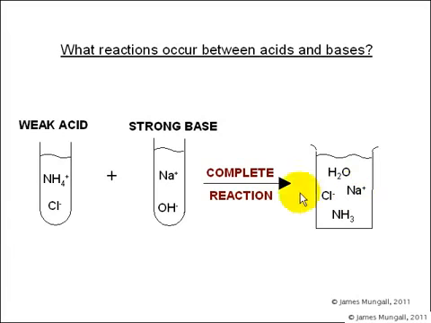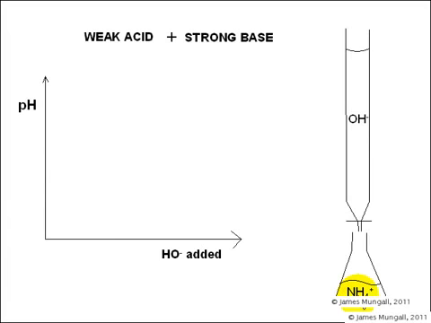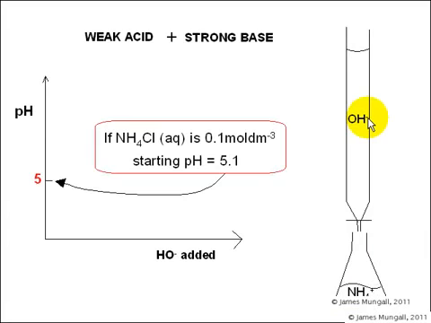And once again, this is a complete neutralization reaction. Let's imagine we have the weak acid in the conical flask and the hydroxide is in the burette. And if the NH4Cl concentration is 0.1 mole per decimeter cubed, then the starting pH will be 5.1 because it's a weak acid. You'd need the Ka value to do that calculation.